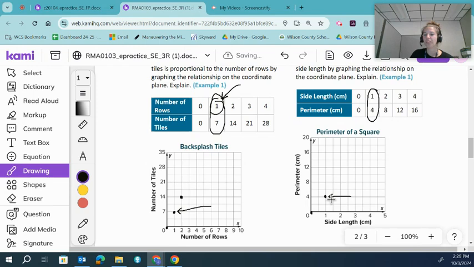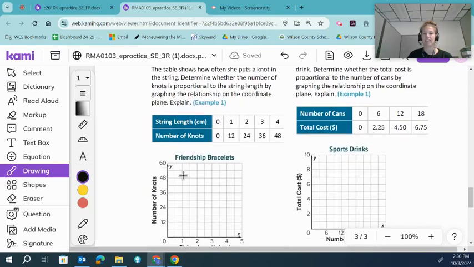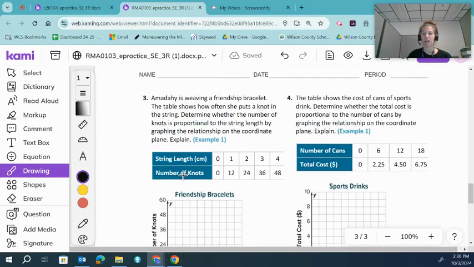Now, this is only true for proportional relationships. Okay, that constant of proportionality is only in proportional relationships. Okay, so it would be 4 here and it would be 7 here. Okay, that constant of proportionality is going to be, and there are two more here for you to try if you would like.